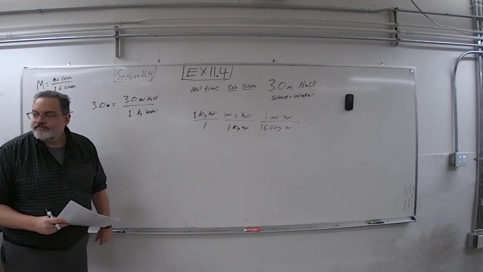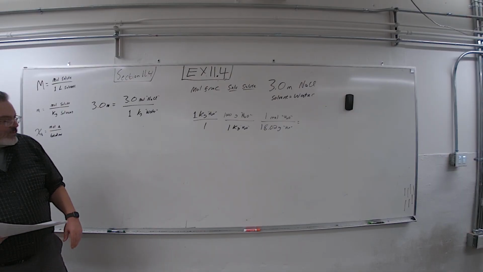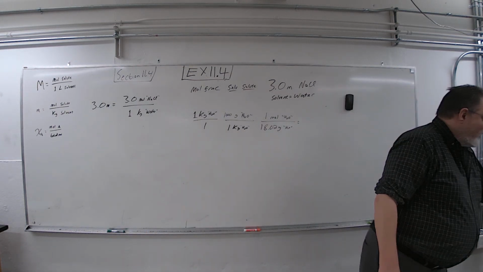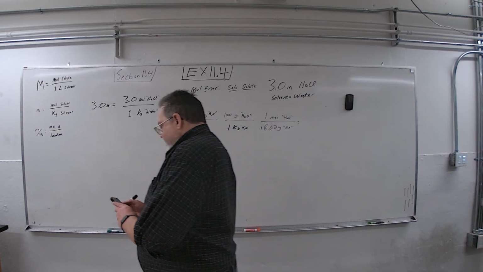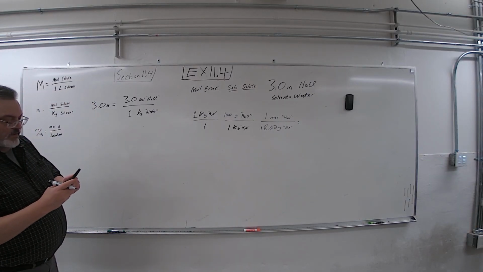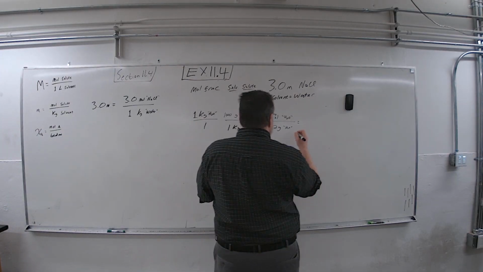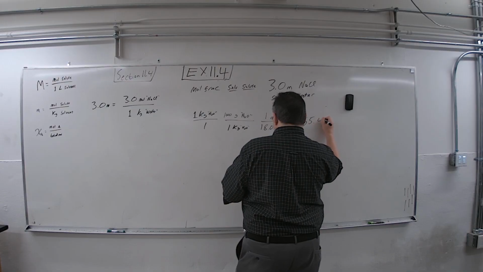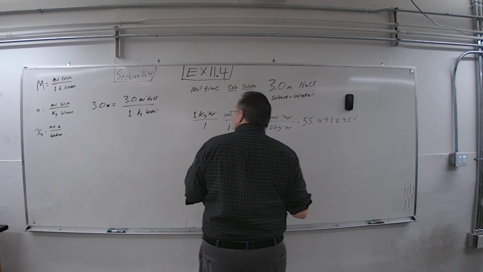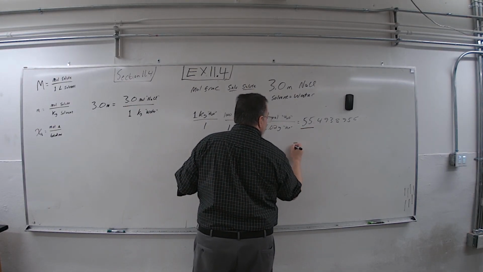Does that make sense? Convert to grams, and then we'll use the grams per mole, and now we can find out how many moles of H2O we have. Ultimately, it's 1,000 divided by 18.02. We've got 2 significant figures, so it's just this 55.